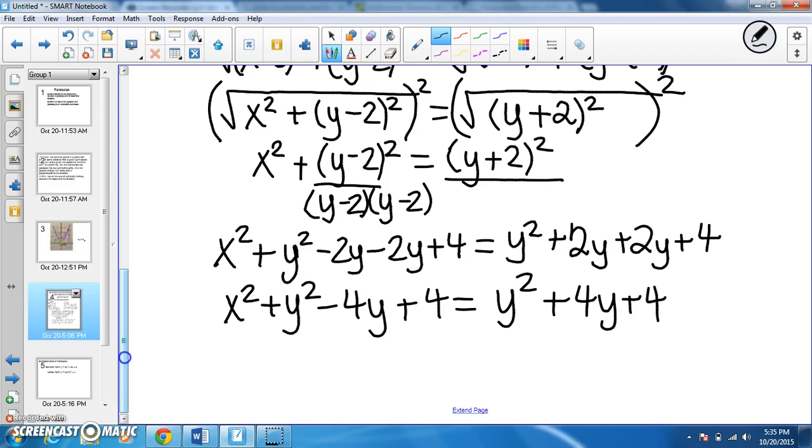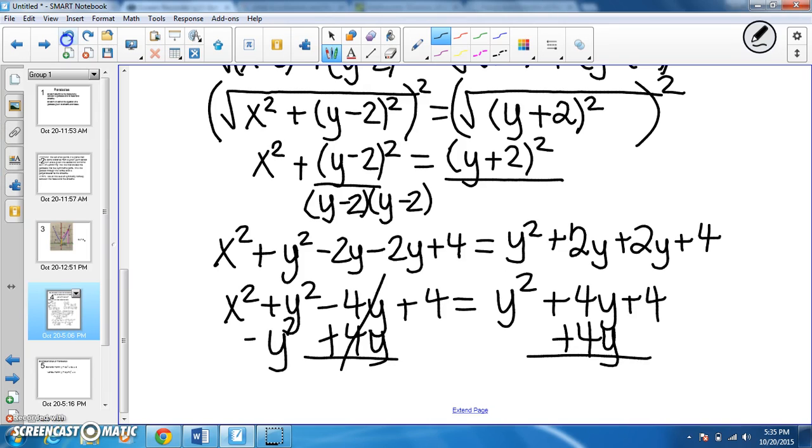Going to continue to combine like terms. Going to add 4y to both sides. Going to subtract y squared from both sides. The y squareds are going to cancel. Going to subtract 4 from both sides.